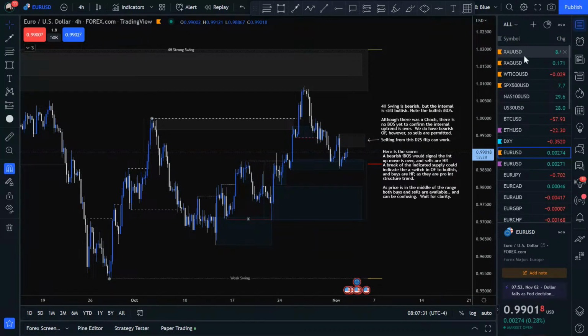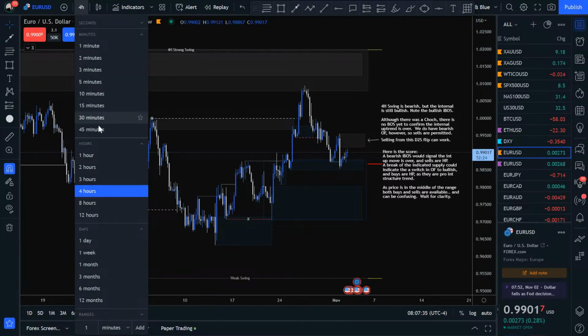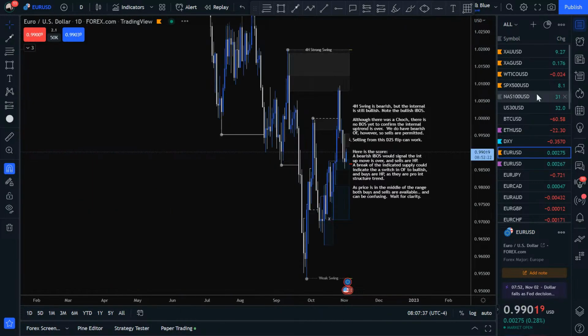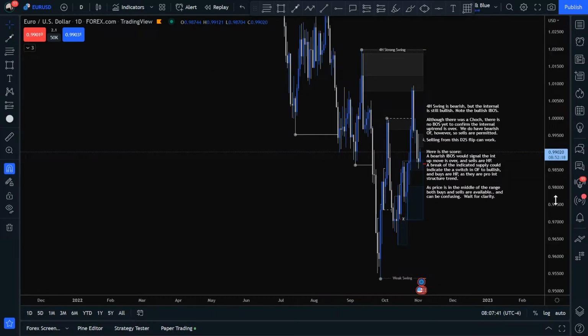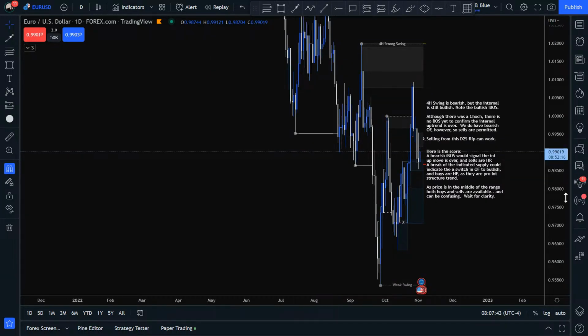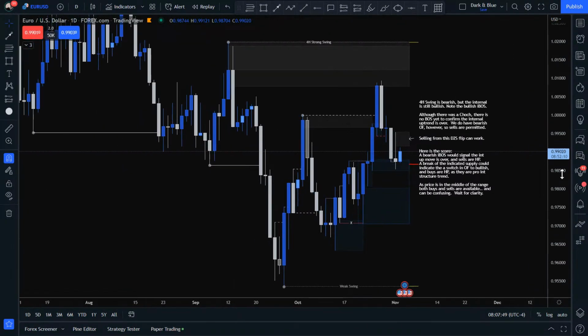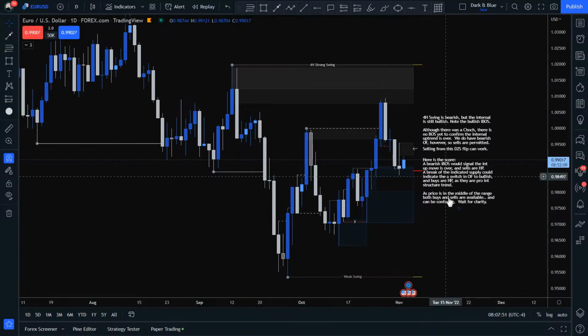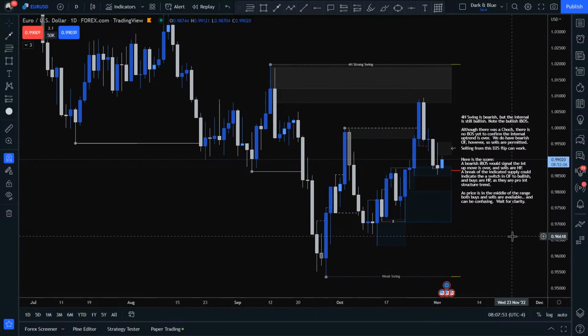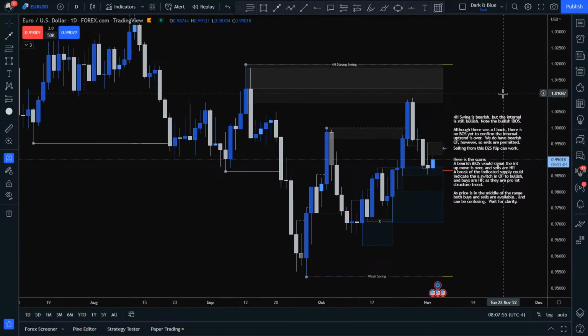Let's start with the daily on Euro USD. The print is not important because I'll walk you through it. What do we want to notice?